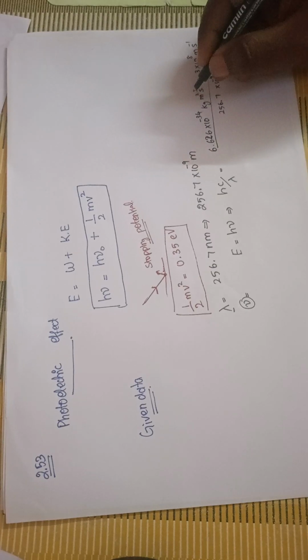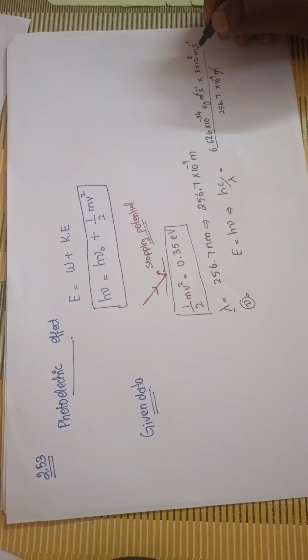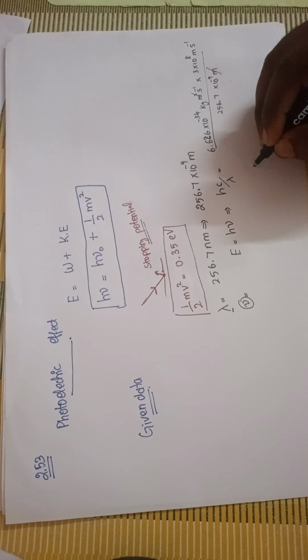So solve பண்ணோம்னா meter cancel. So again meter square மாறப் போகுது.